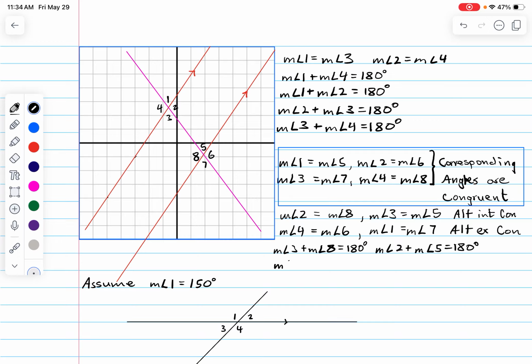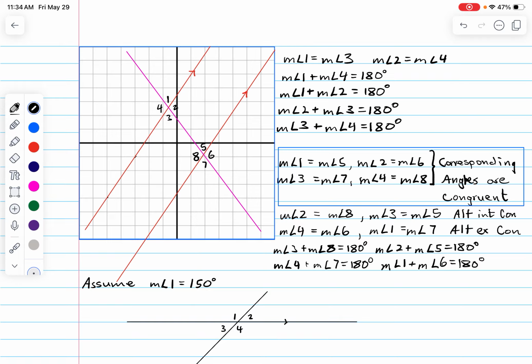The measure of angle 4 and the measure of angle 7, supplementary. Okay? The measure of angle 1 and the measure of angle 6, supplementary.